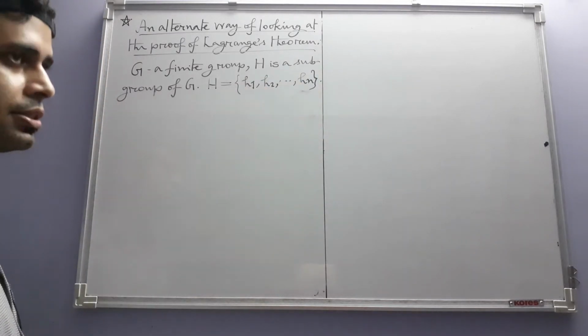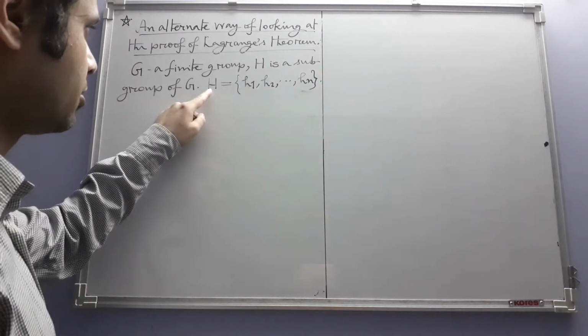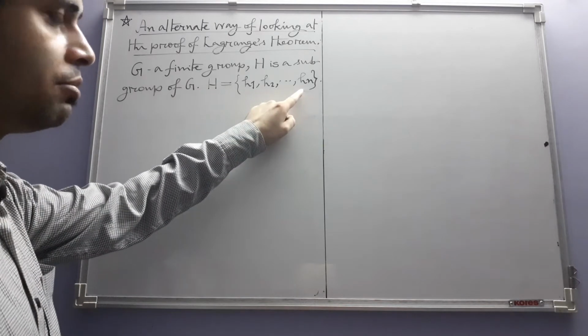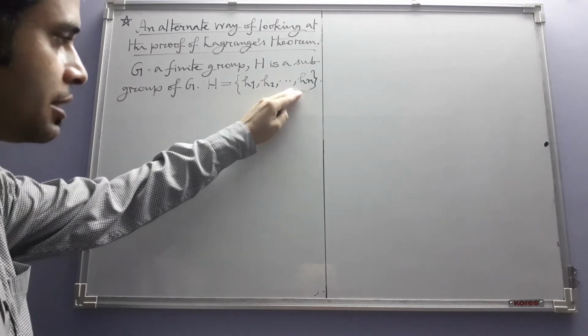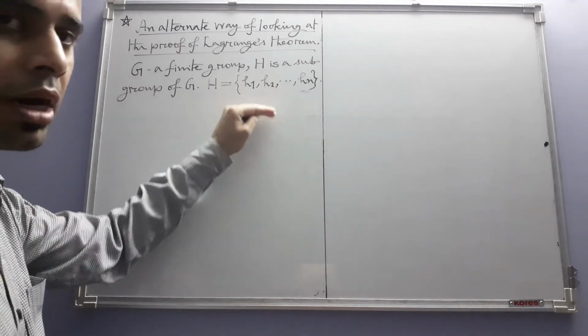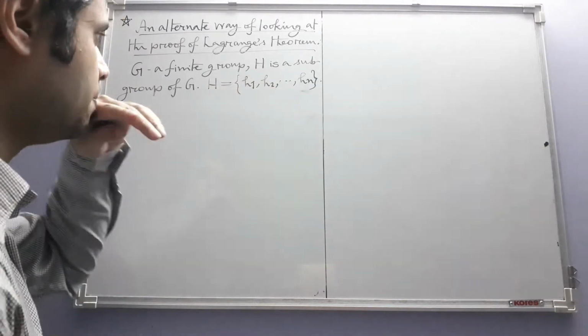One of these elements is the identity element because H is a subgroup. Which one we don't know and we don't care. Which one is the identity element serves no purpose in what we are going to see now.